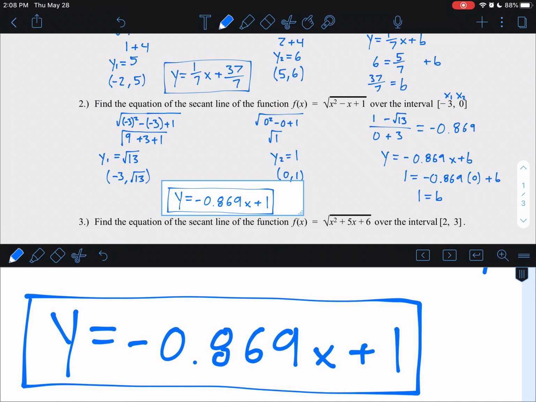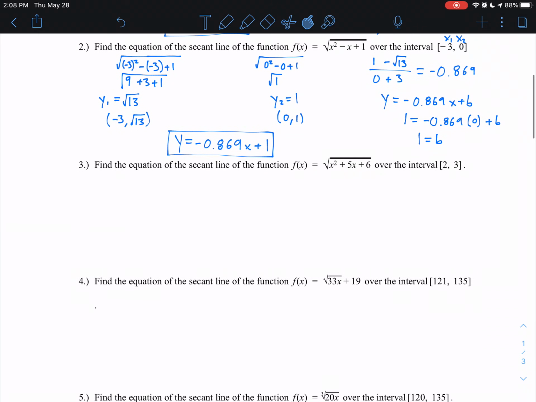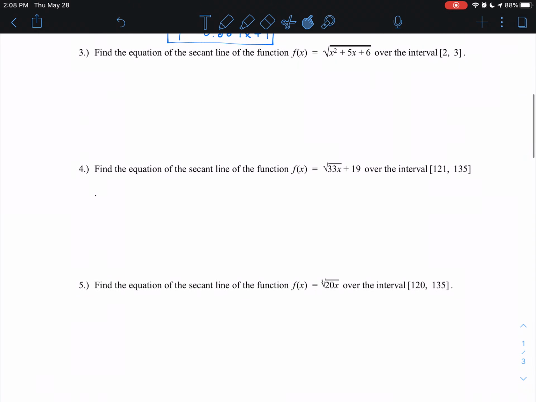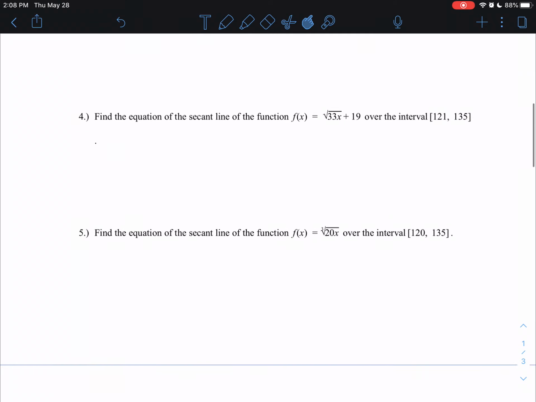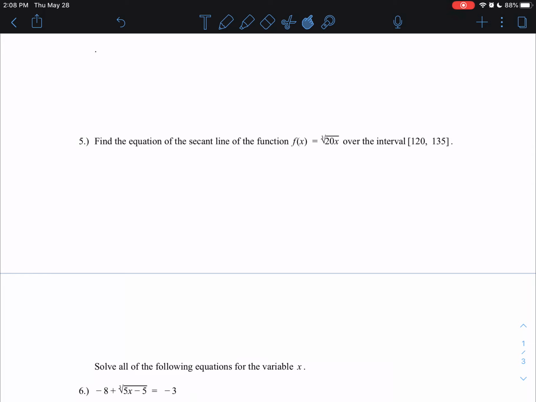Perfect. So I want you guys to do these other 3 on your own. These other 3 were all lifted from the unit test, which obviously we're not going to do. But since they were lifted from the unit test, they should be fine. For number 5, you have to evaluate the cubed root.